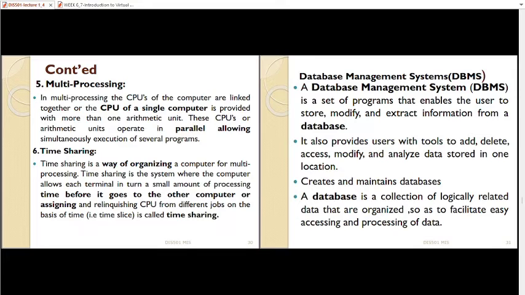For us to be able to create the database in the first place, we need software that we refer to as a database management system. It will help us to create, to add data, to edit or delete that data, and to access this particular data.